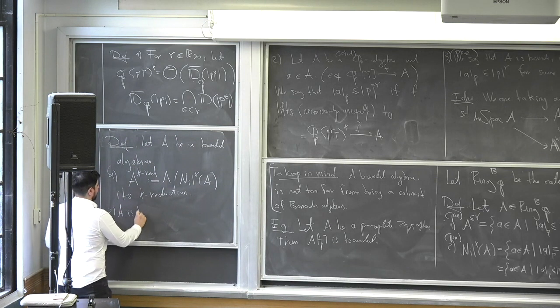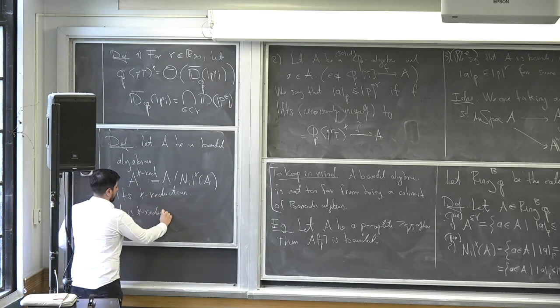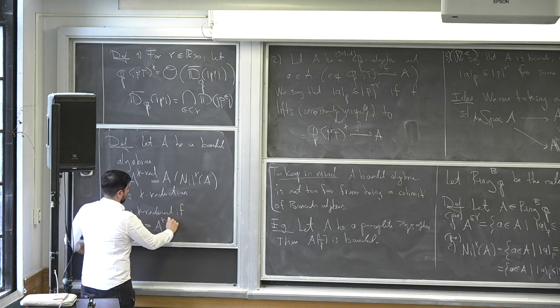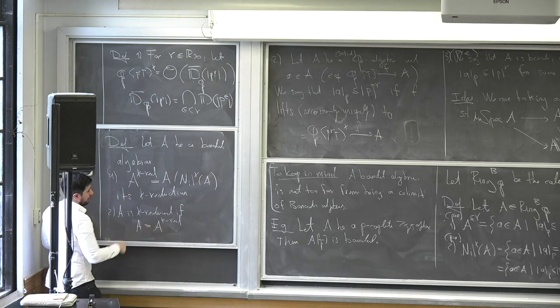A is double reduced if A is equal to its double reduction. So the natural map is an example.